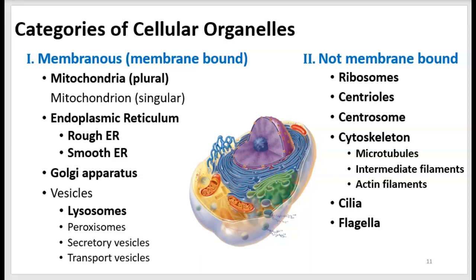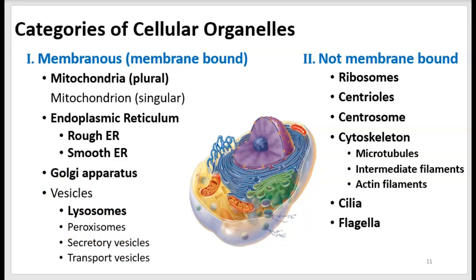Those that have a membrane include the mitochondria, the rough and smooth endoplasmic reticulum, often called the rough ER and the smooth ER, the Golgi apparatus, which is also called the Golgi body or the Golgi complex, and then various vesicles, including lysosomes, peroxisomes, secretory vesicles, and transport vesicles. We'll look at everything but the peroxisomes.